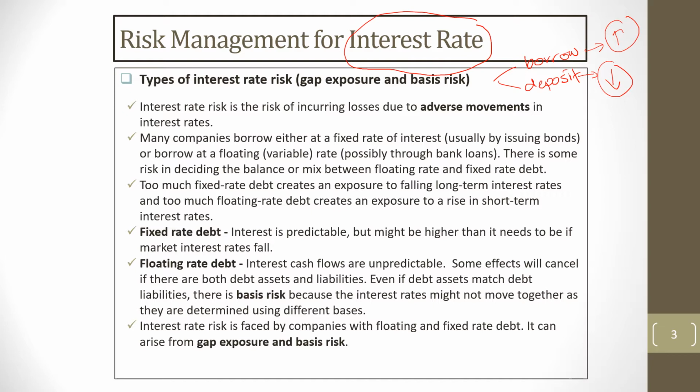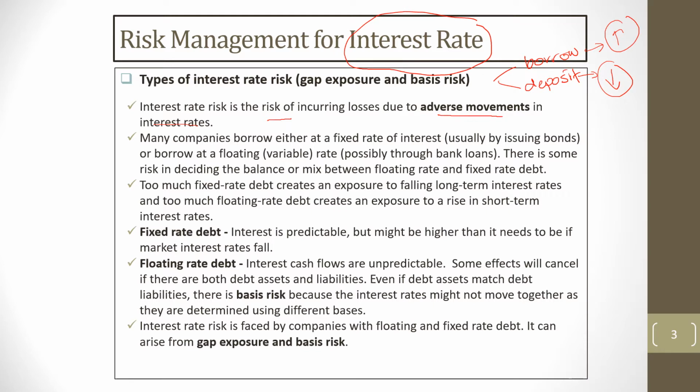So daripada risk-risk ni lah kita nak tahu macam mana kita nak control, nak kawal, nak set a policy untuk mengurangkan risiko ni. Okay, but first thing first, kita kena tahu the interest rate risk is the risk incur losses due to adverse movement in interest rates. Okay, so ini adalah risk.